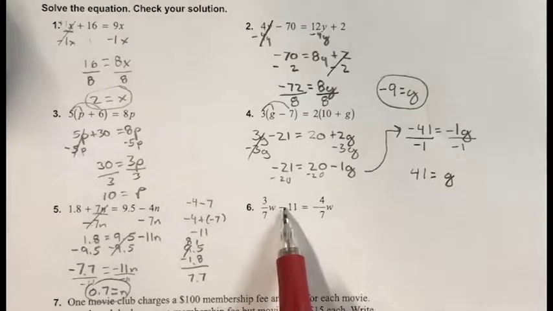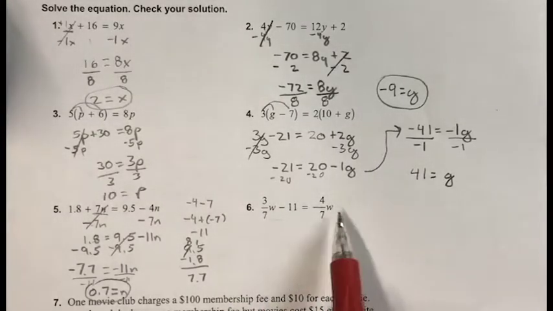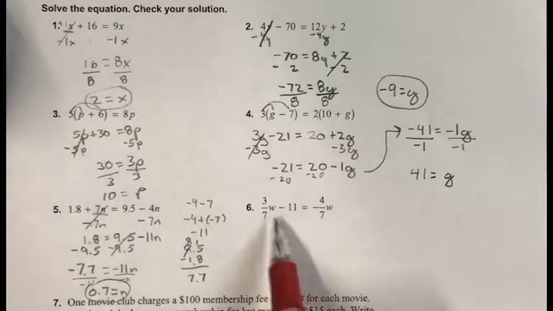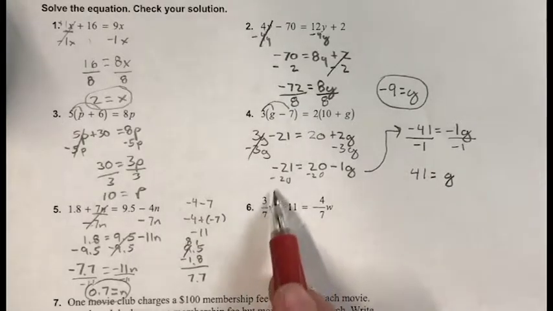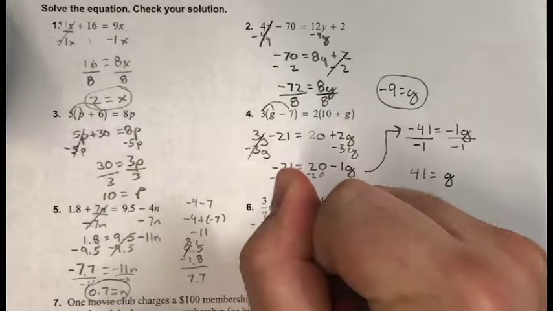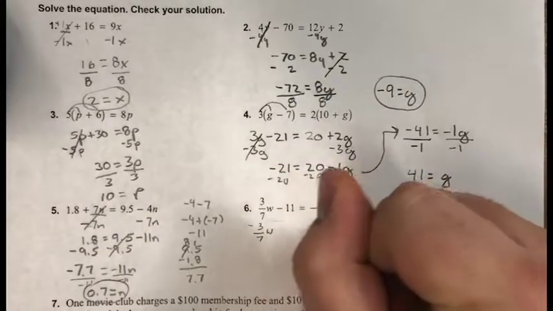All right, can I simplify this side of my equation? No. Can I do anything with this side of the equation? No. So my job is to move the variables to one side. Well, since I'm going to move this variable over here, I'm going to do that by subtracting 3/7 w on both sides.